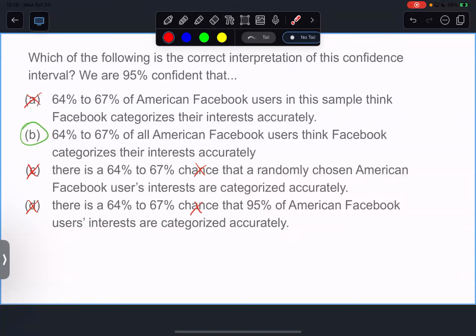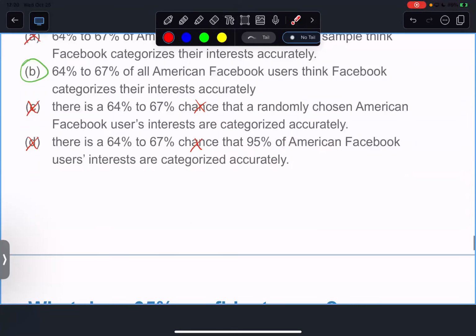So we're 95% confident that, and then what we said in our blurb was that the interval from, let's say 0.64 to 0.67 captures the proportion, so we can convert those to percentages, that's fine, of all American Facebook users who think Facebook categorizes their interests accurately. So that is the one that we want.